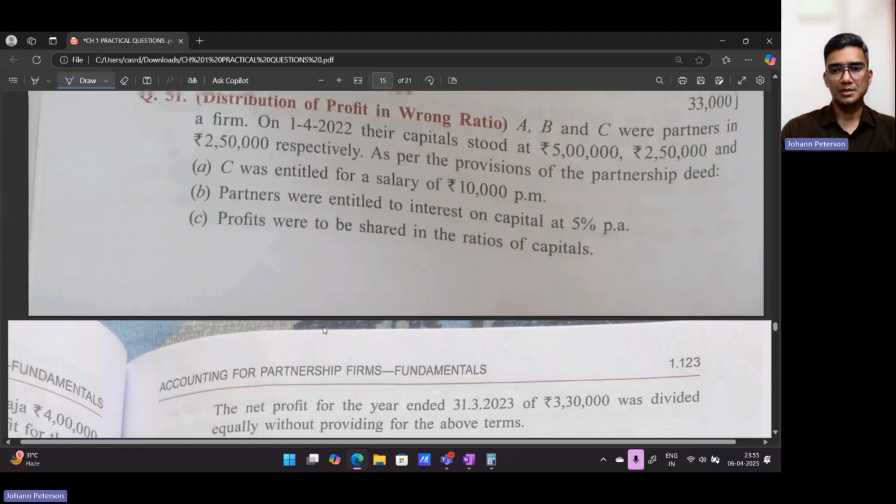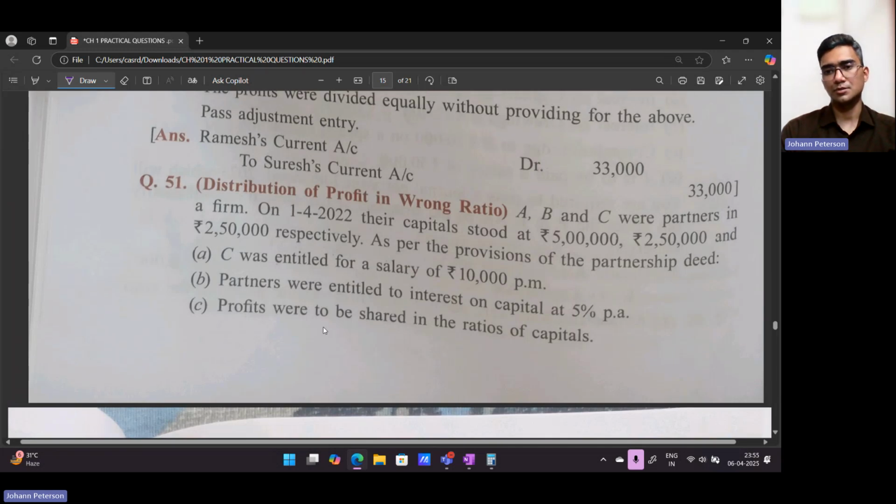It says profits are to be shared in the ratio of the capitals, which is 50 is to 25 is to 25, which is 10 is to 5 is to 5, which is 2 is to 1 is to 1.